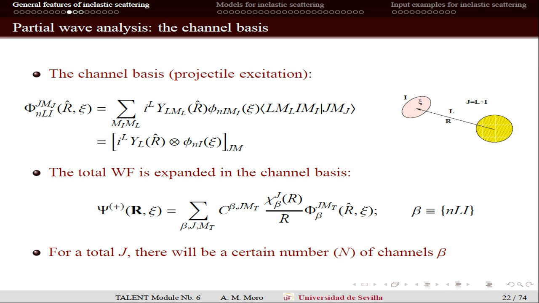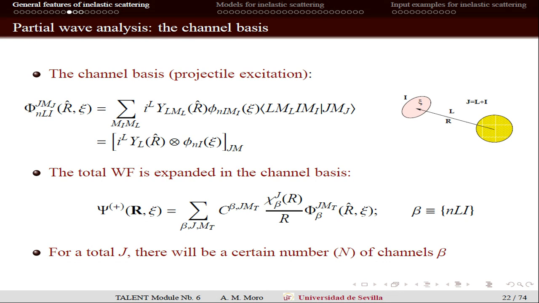Okay, so now we have to complicate a bit more the formalism, because we don't have only to separate the radial part, we have to worry not only about the angular variables, so the spherical harmonic, but also about the internal states. So our wave function depends on the vector r, but also on the internal coordinates.